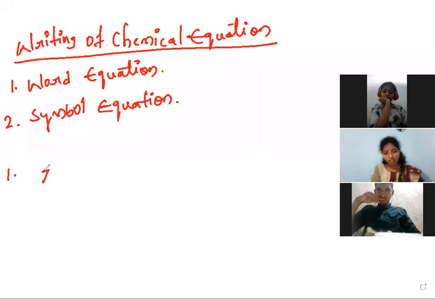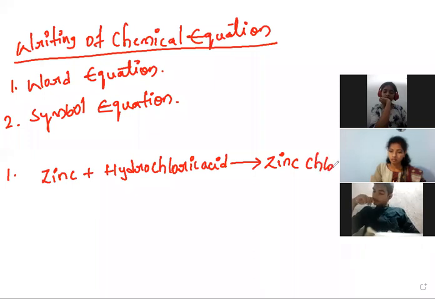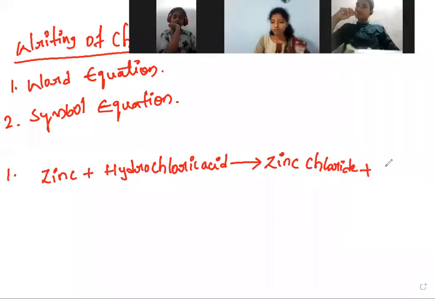For example, if you take zinc plus hydrochloric acid, we will get zinc chloride plus hydrogen. So this is one of the chemical equations here.